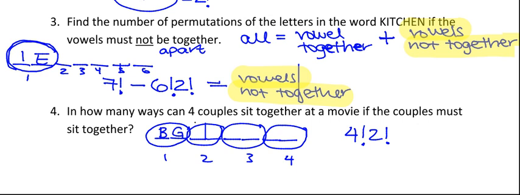Couple number 2 could sit boy-girl or girl-boy, so there are 2 factorial ways of arranging this couple, and 2 factorial ways of arranging couple 3, and 2 factorial ways of arranging couple 4. So in total there are 4 factorial times 2 times 2 times 2 times 2 ways of 4 couples sitting together at a movie if the couples must sit together.